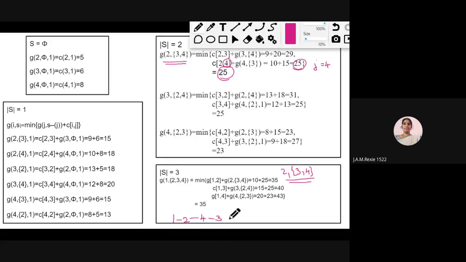So next I have to go to 3, and finally I have to go to 1. And this path, 1 to 2, 2 to 4, 4 to 3, and 3 to 1, will have the cost as 35. And this is the solution for the TSP. Any doubt?